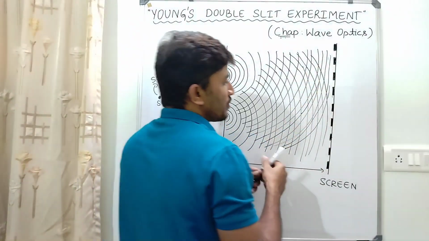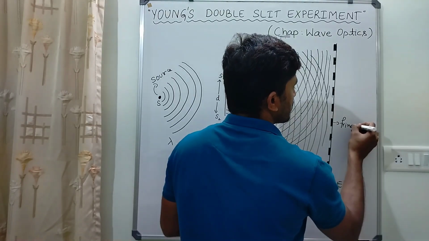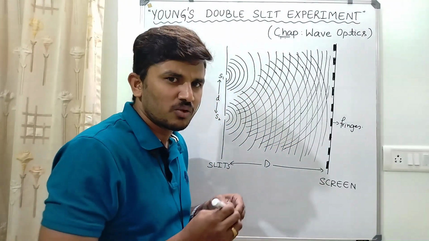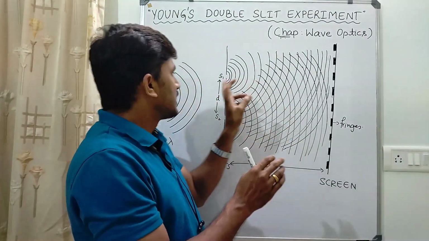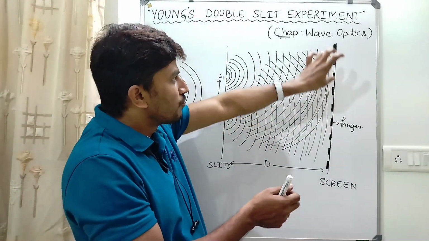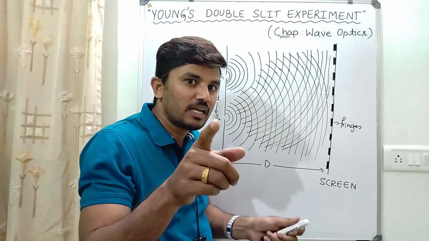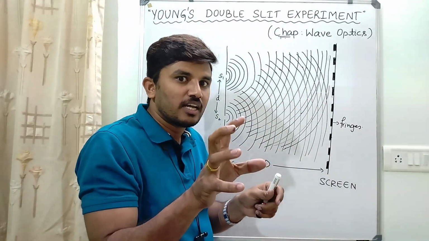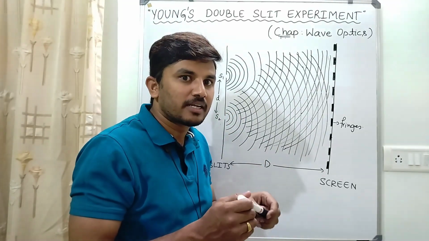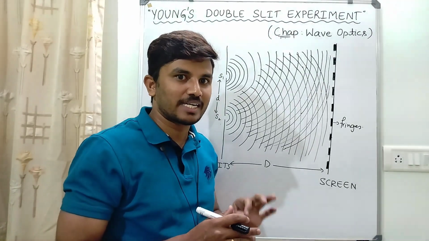So these are all called fringes. What is the meaning of fringes? Nothing but the light waves, these two waves combine together and form bright or dark spots. You can see the shared image of the intensity pattern that happens especially in a practical demonstration.